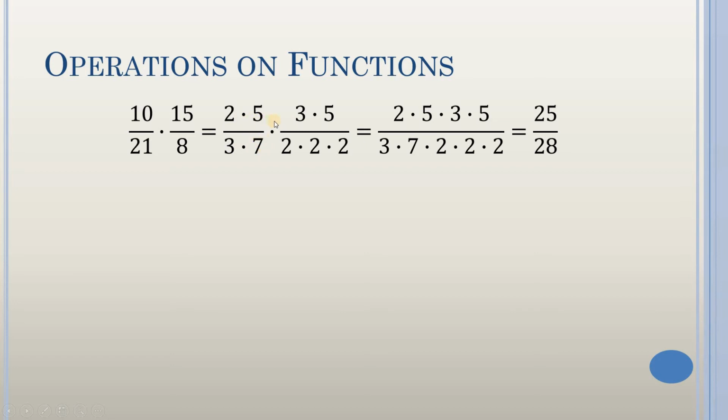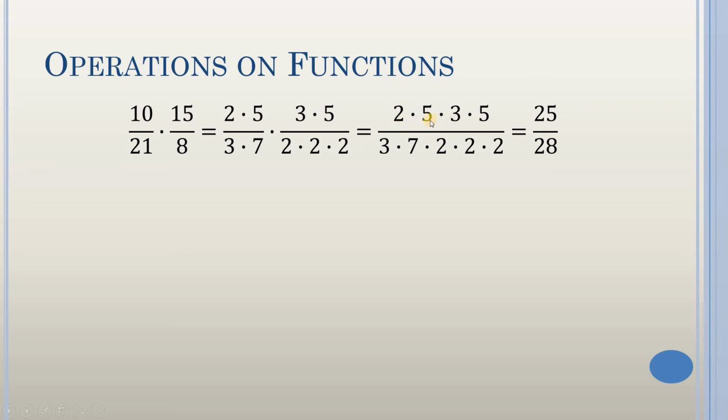Then finally we find the product, numerator to numerator and denominator to denominator. So we have 2 times 5 times 3 times 5. For the denominator, we have 3 times 7 times 2 times 2 times 2. Then proceed to cancellation. We have 3 and 3, so that cancels, becoming 1 by the rule. 2 and 2 cancel.